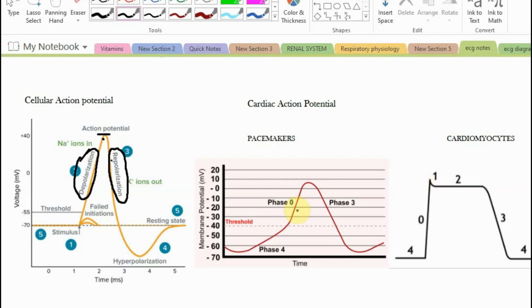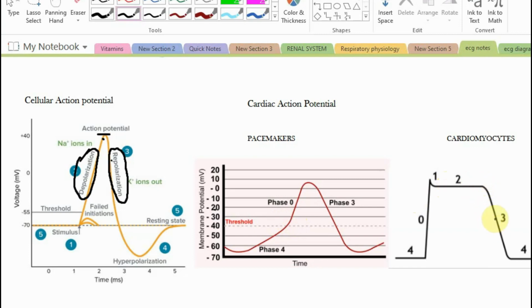The L-type calcium channels were also present in the pacemaker cells, and these are the ones responsible for phase 0. And the calcium channels present over here tend to stabilize, or maintain a certain potential, as the potassium moves out. But after a certain period, these L-type calcium channels are inactivated, but the potassium still tends to move out.